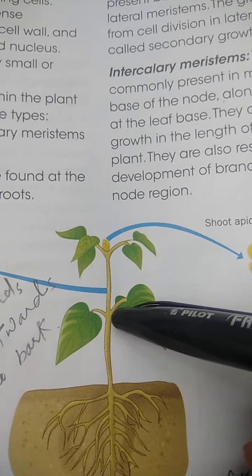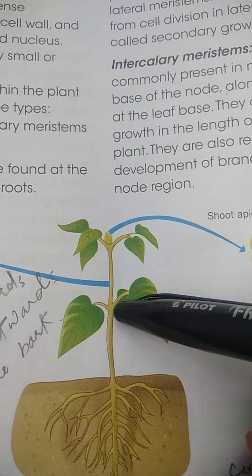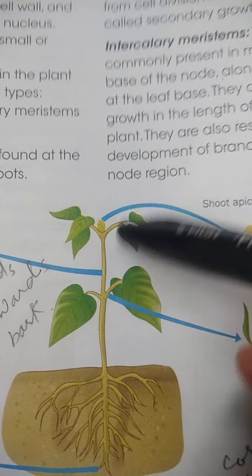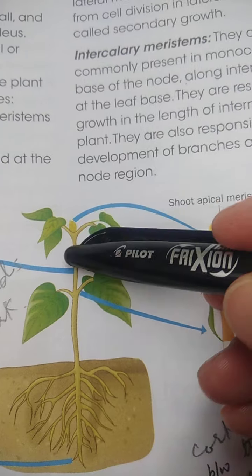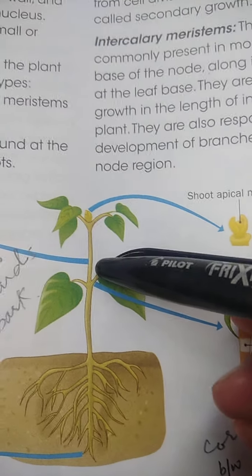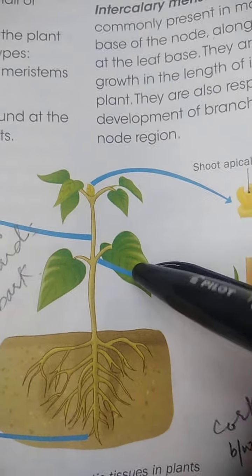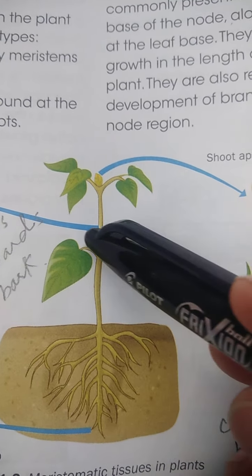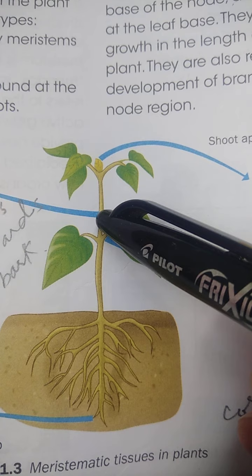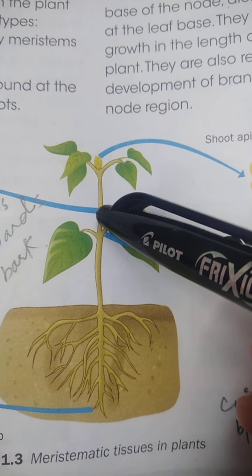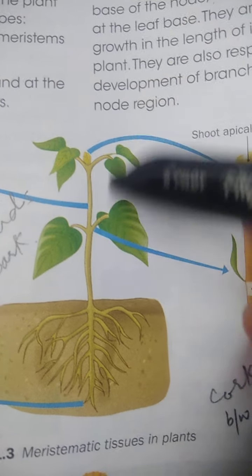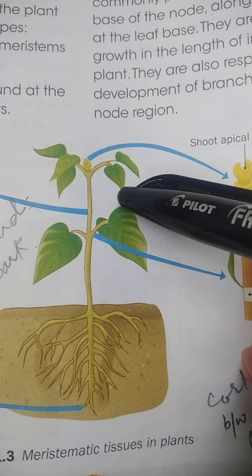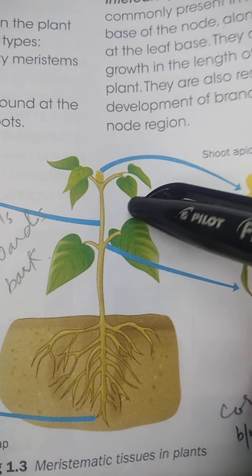So the meristem which is present laterally on the stem and root, which increases the thickness of the stem and root, is known as lateral meristem. And intercalary, they are present usually along the internodes, to increase the length, or to help in the arrival of new branches.